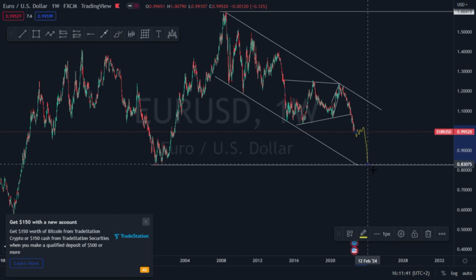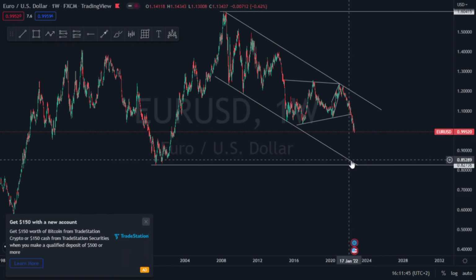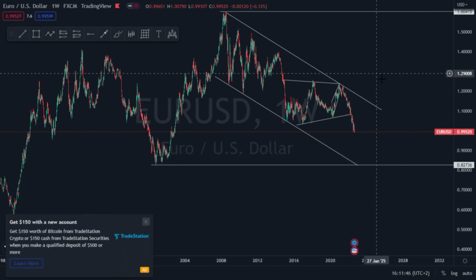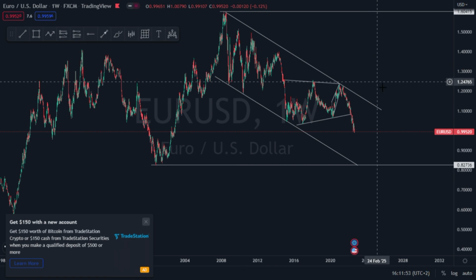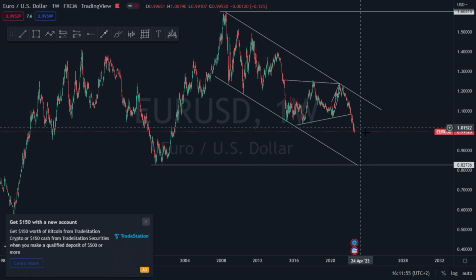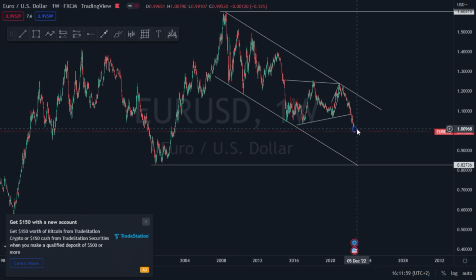Or the market can push straight to the downside until it reaches this level and then continue pushing to the upside. When the market reaches these levels right here, I will be looking for a long buy, but for now I'm looking for a sell. So we're just going to be swing trading this Euro USD to the downside until these levels right here.